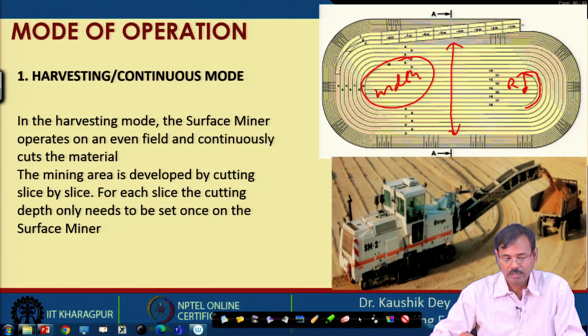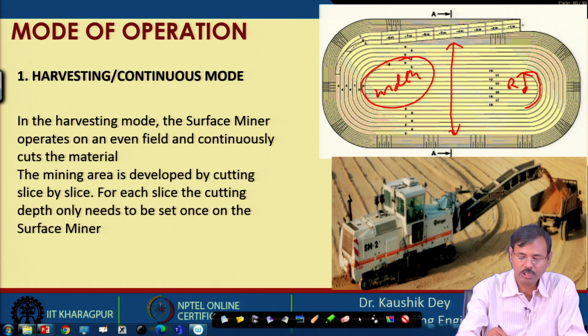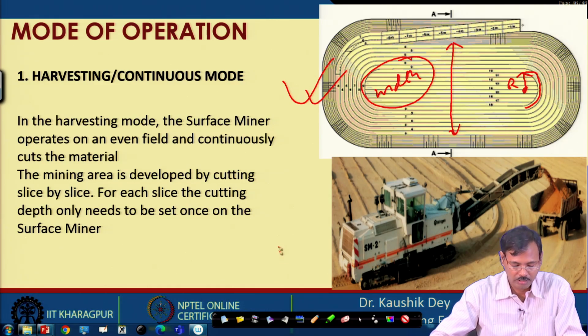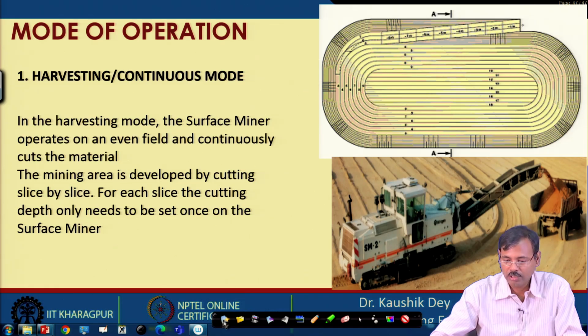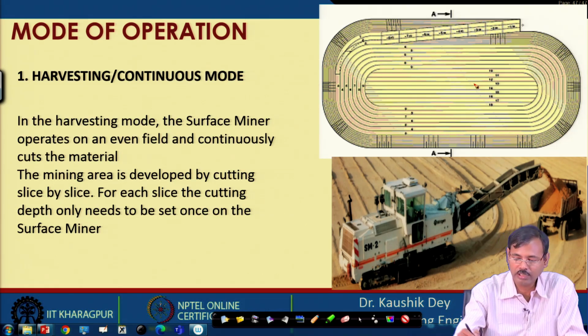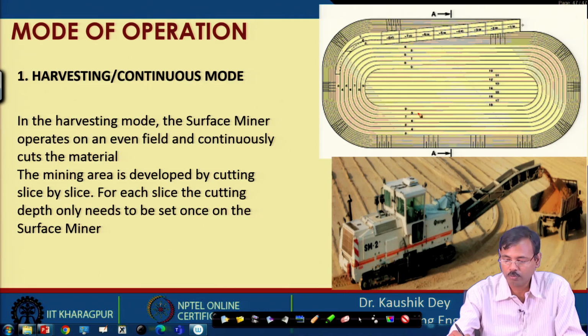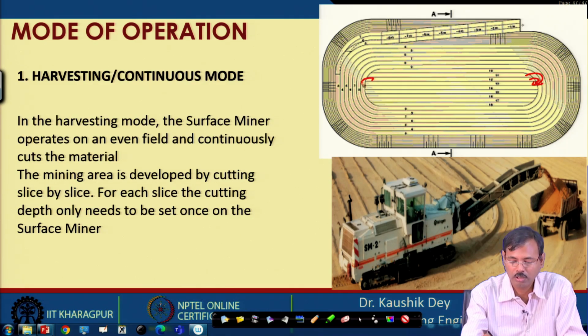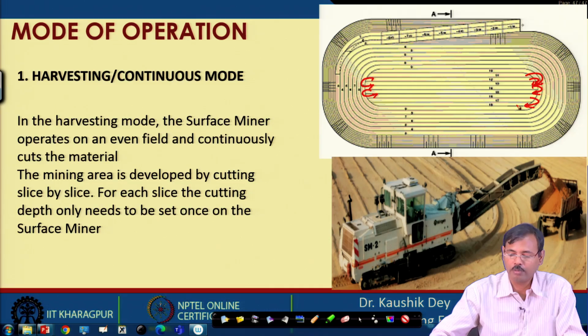So, that is the main drawback of this one, otherwise this is always much more productive than the turn back method, and often if the radius is restricted, in that case you have to go for the turn back method of operation in the central part of this one. These central slices can be taken in turn back mode of operation, while the harvesting mode of operation is practiced.